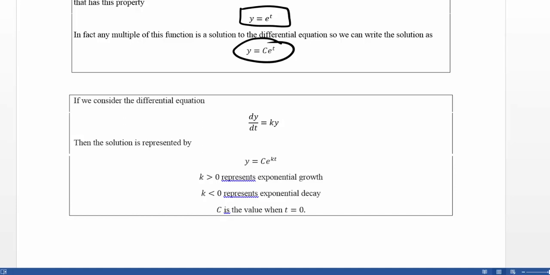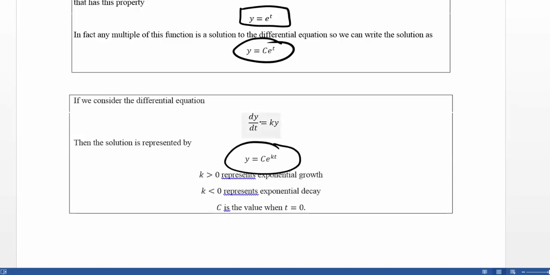So k is a constant, and if we were to solve dy/dt equals ky, including what we know from the previous steps, we get y equals c e to the kt. So this is our general form of exponential growth and decay.